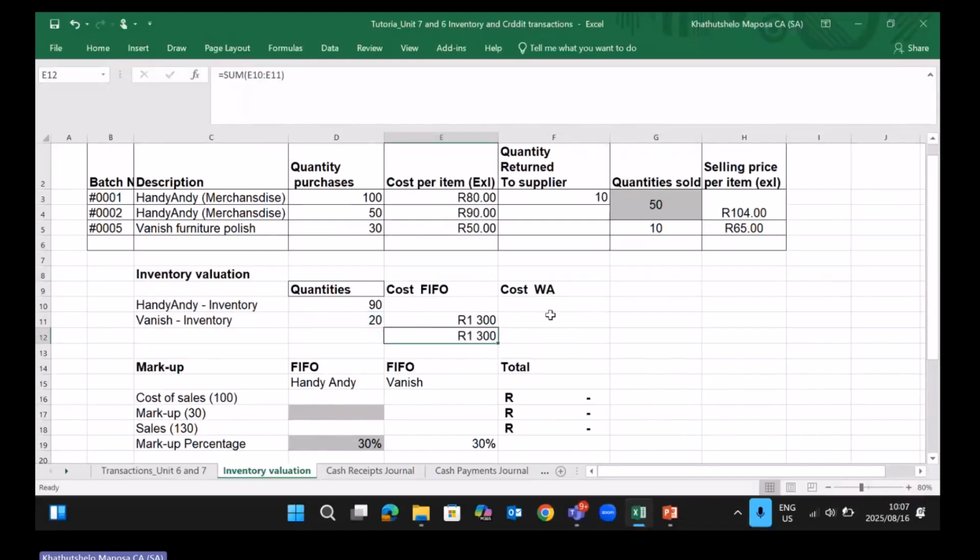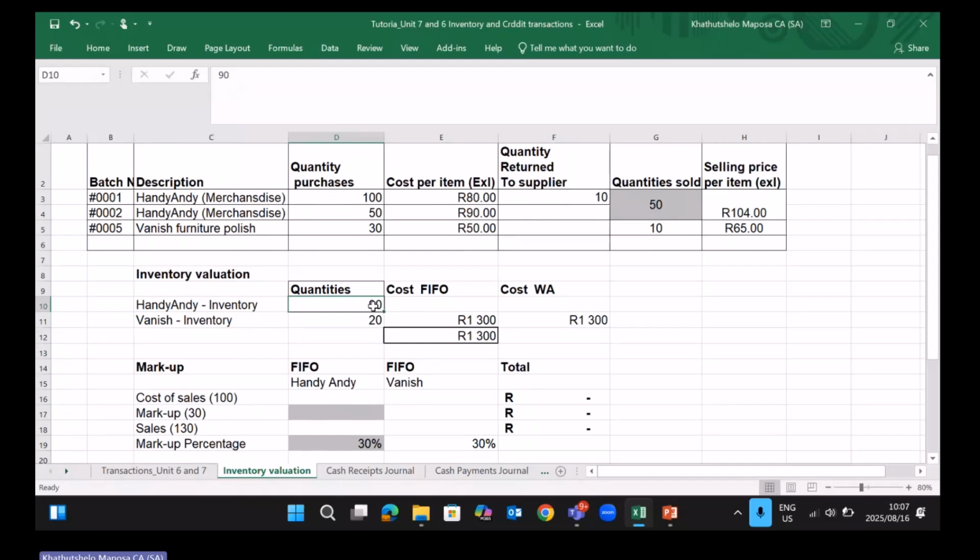The slightly complex one, in fact, even for the weighted average, because there are not many other variables, it is the same. And the slightly complex one, which is the first in first out, is that on this 90 that we're left with, we have to separate it in terms of what came from the first batch and what came from the second batch.